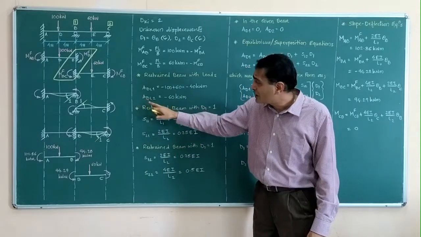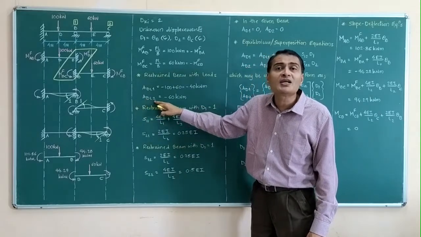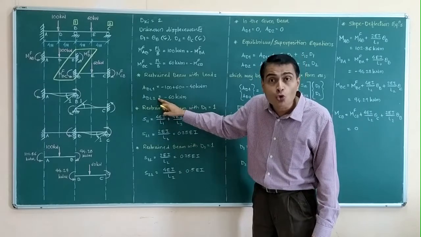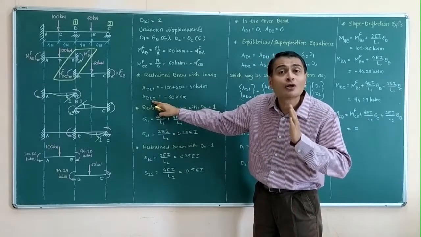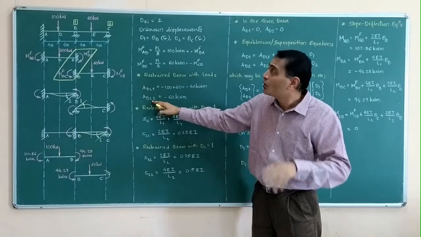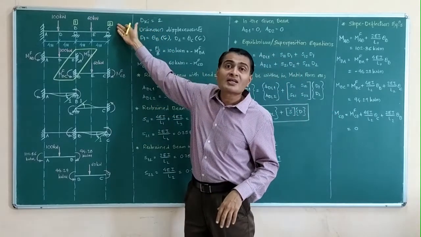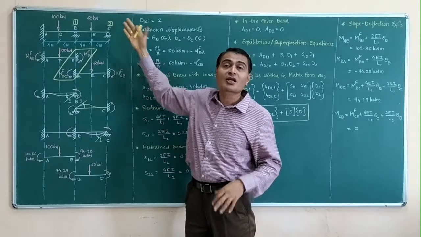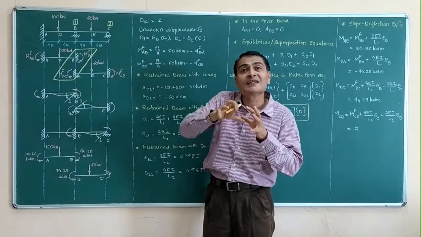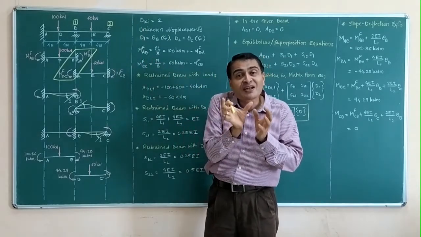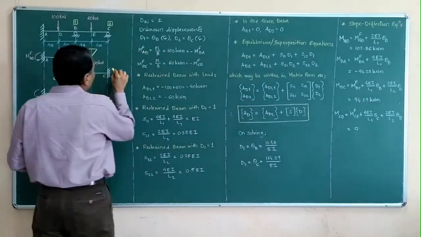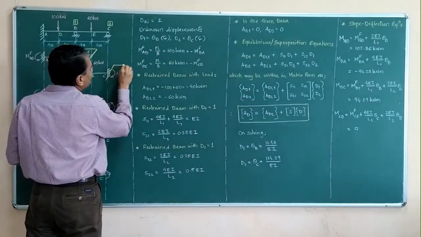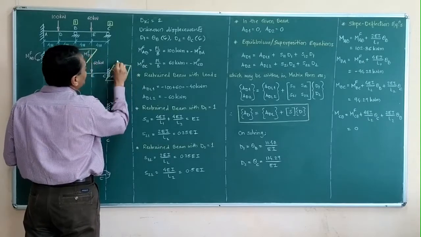Action corresponding to unknown joint displacement at node 2 due to loads, ADL2. My node 2 is at C joint. So I am talking about action corresponding to theta C, but presently it is due to loads because we have restrained that structure. So our ADL2 is nothing but this particular moment.